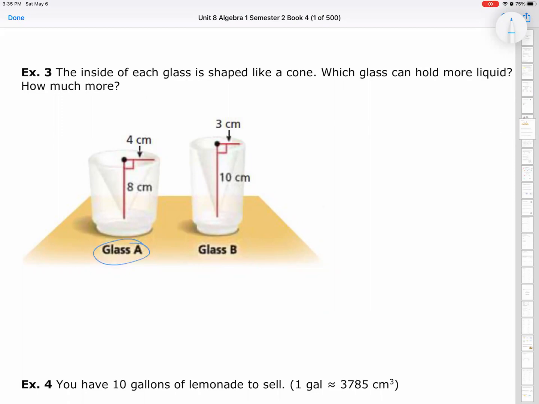So we have the volume is equal to 1/3 pi r squared times the height. Our radius is 4, our height is 8. We plug these values in. So we have 1/3 pi times our radius 4 squared times our height 8.